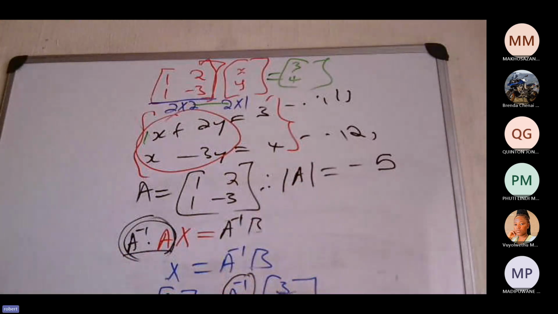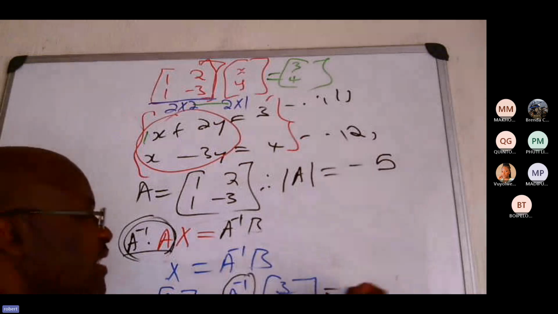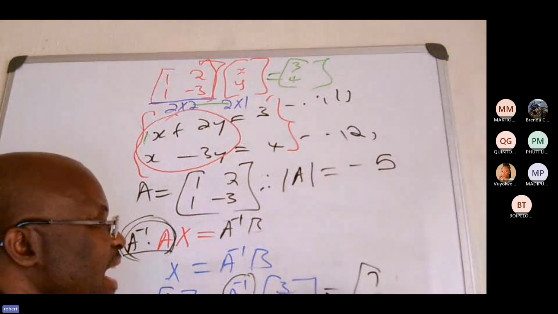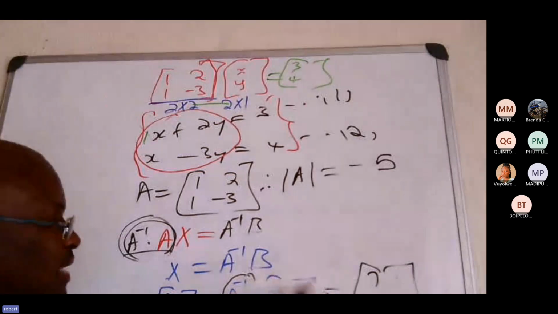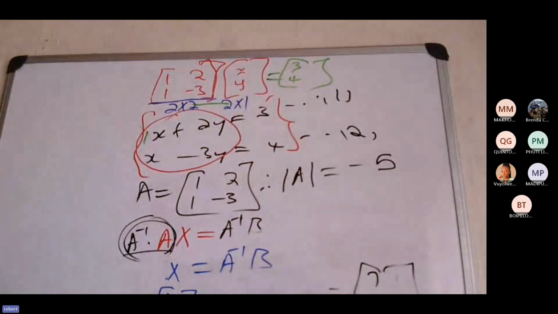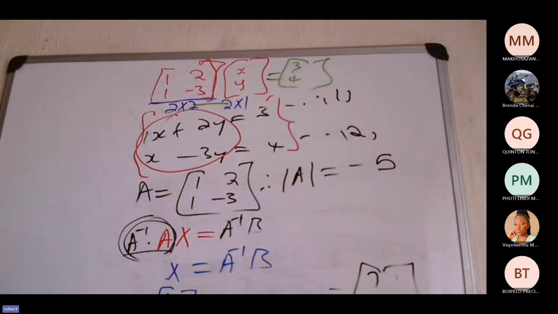Then you multiply it by this. Therefore, if the answer here is 7, 8, then it means we are saying this 2 by 1 matrix is equal to this 2 by 1 matrix. This column matrix is equal to this column matrix.